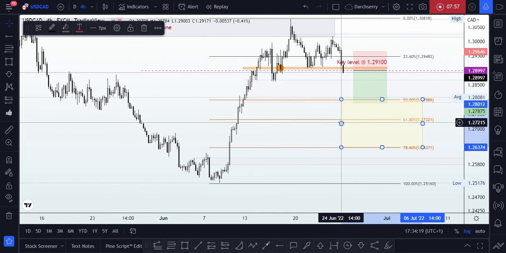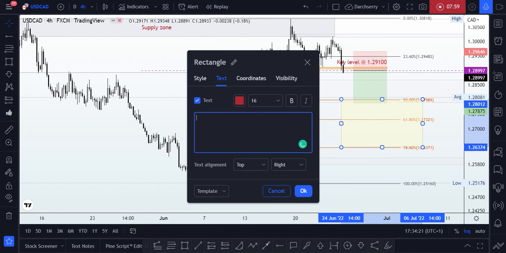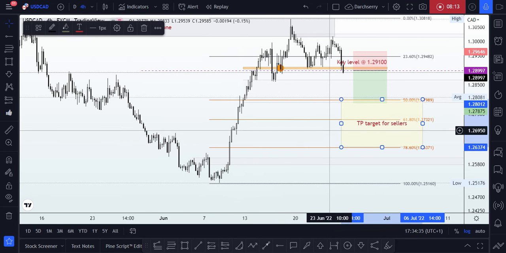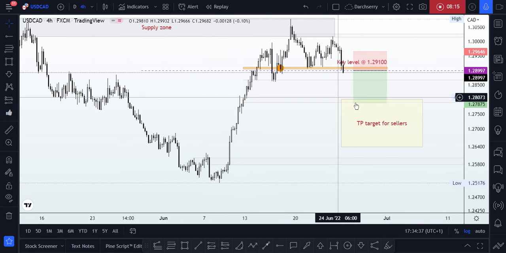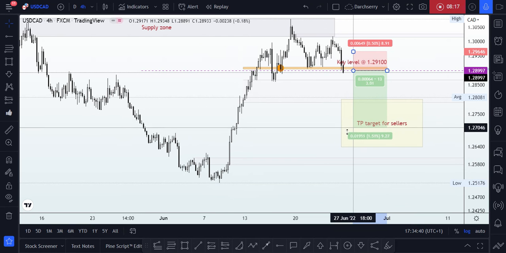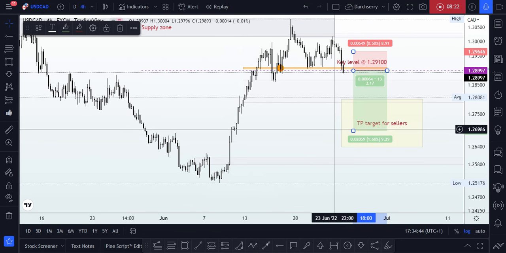Let's give this a yellow. So we label this one take profit TP target for sellers. Let's place it right in between the rectangle that we just identified here, and let's delete the key level. So if we have our take profit targets at least a minimum of, let's say, 200 pips to catch here.